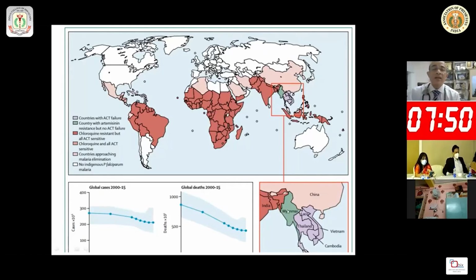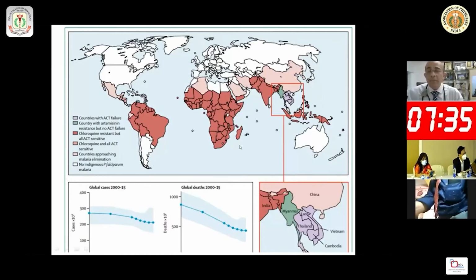This area we are seeing, and it is very likely it may spread to other countries nearby. There have been clinical cases which have been shown to be resistant in India, but we don't have molecular studies to prove this, because sometimes difficulty in controlling can be due to high parasite index. It can be due to poor host immunity, and sometimes also poor pharmacokinetic and pharmacodynamic aspects of the drug given.